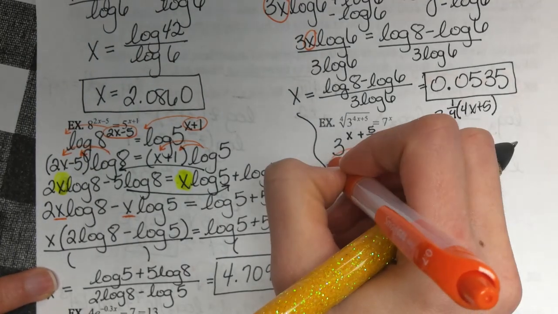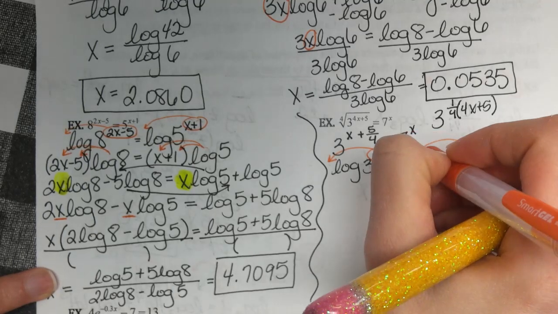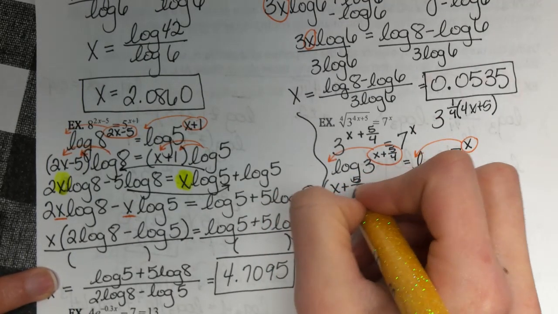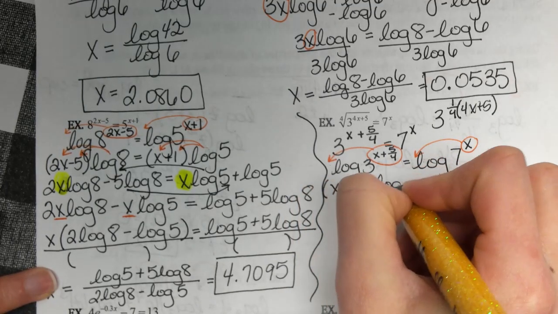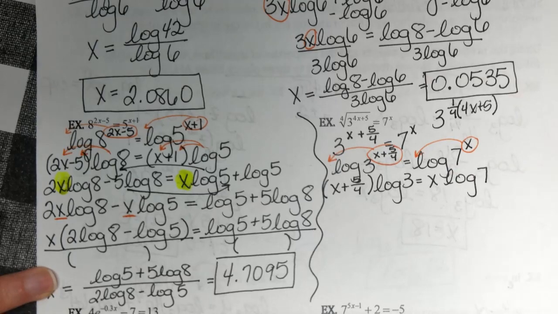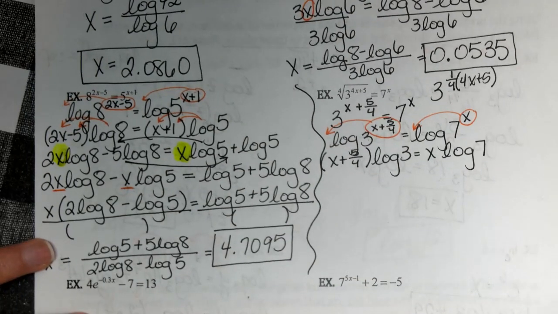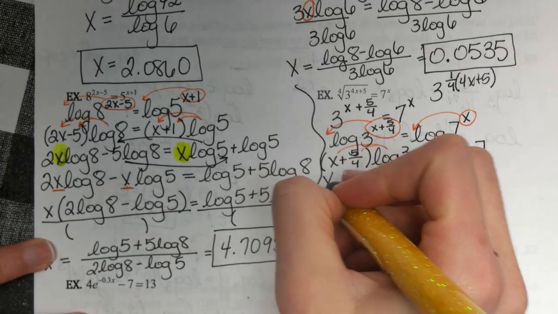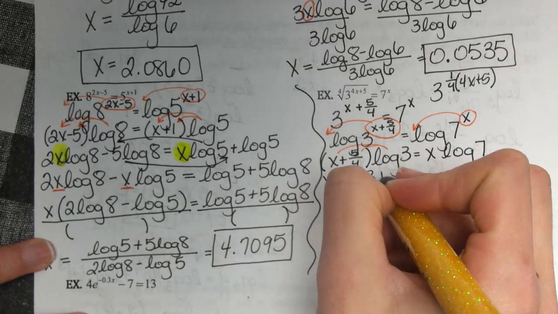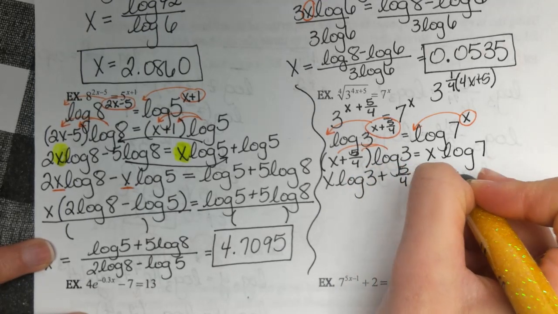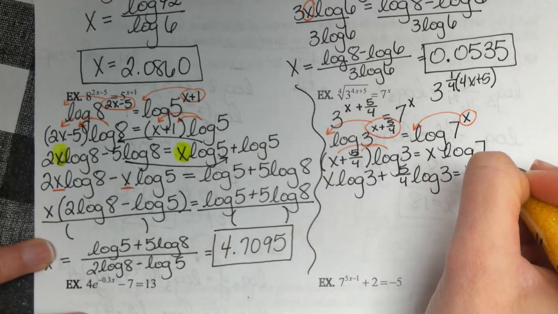Bring those exponents to the front. In the same concept, I distribute. So x log 3 plus 5/4 log 3 equals x log 7.